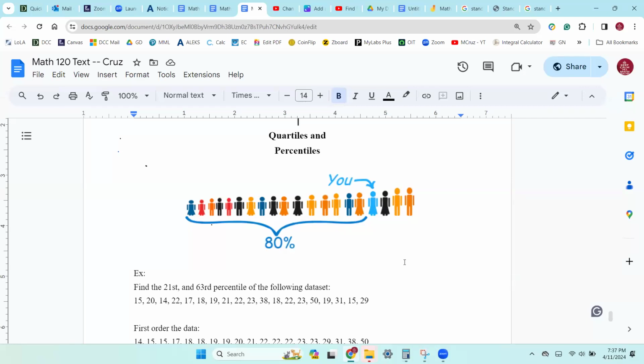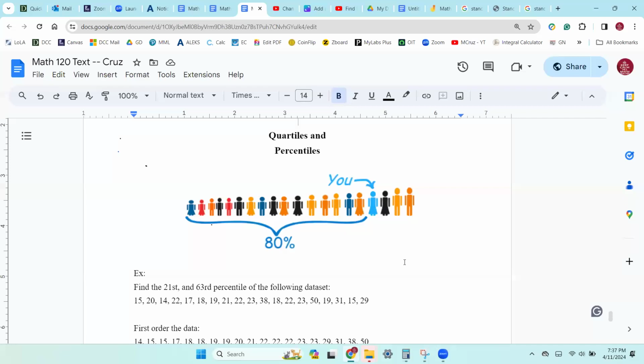But data is not like that. Data is often irregular and different sizes and shapes. So when we're looking for the 80th percentile, we're looking for what person would that be.